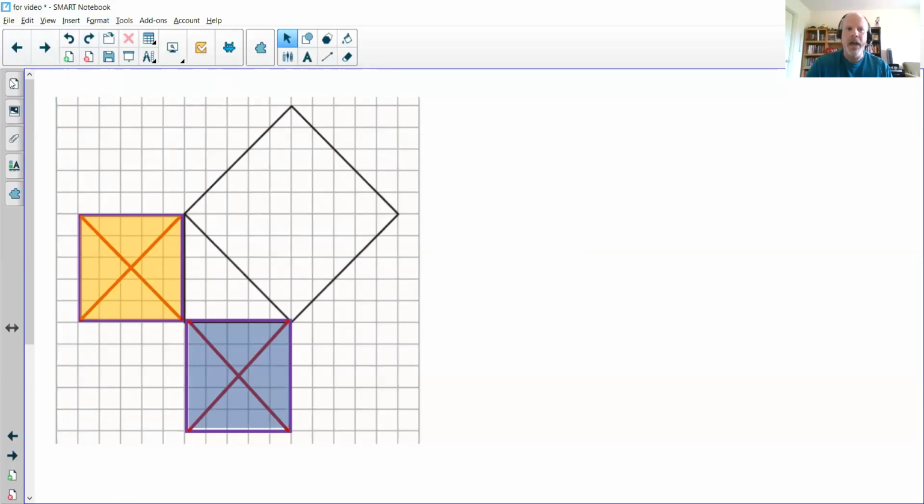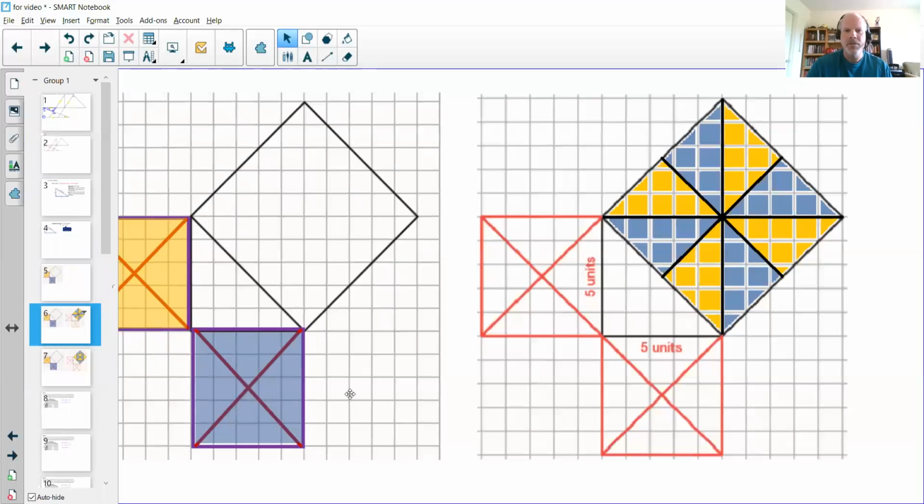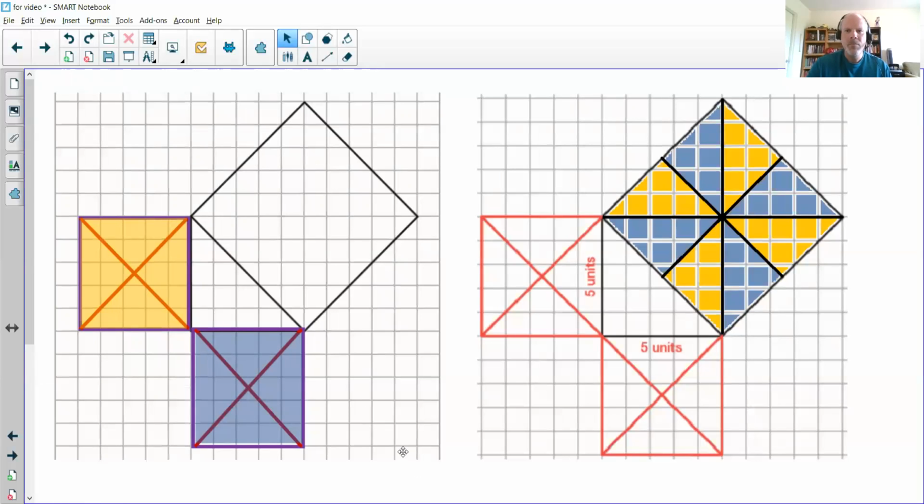When we do that, it would look like this. I tried to indicate where the orange and the blue triangles are here. We have 4 blue triangles and 4 orange triangles, all of which are the same exact triangles that came from these original 2 orange and blue squares.